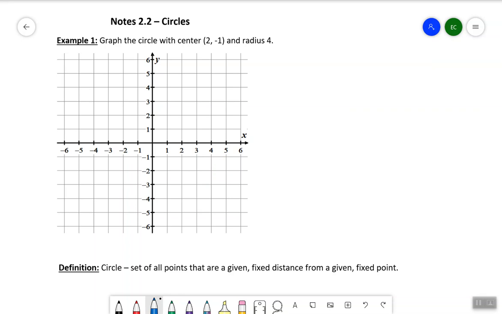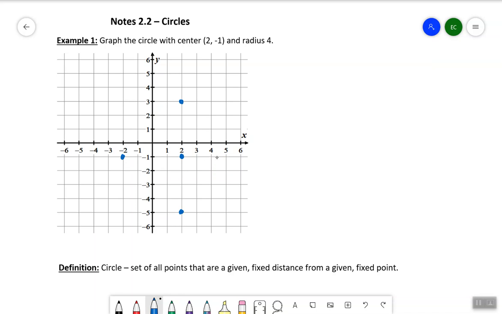And so all we need to do is plot the center at (2, -1) and then go a distance 4 in every direction. So in particular, we're going to go up 4, 1, 2, 3, 4, and we can go down 4, 1, 2, 3, 4. Up 4 from the center, down 4 from the center, left from the center, and then to the right from the center.